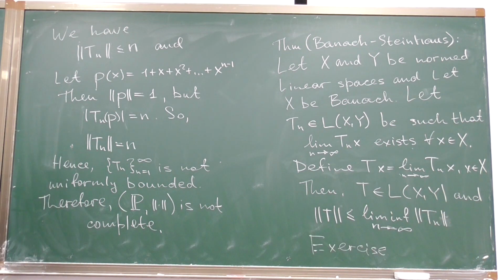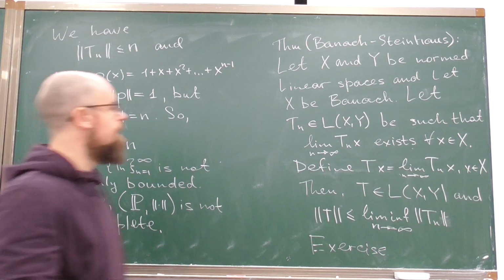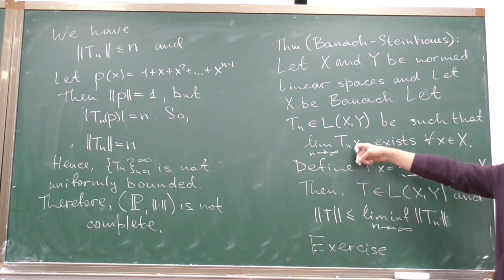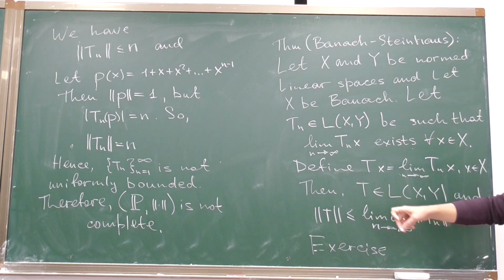To finish this lecture, I want to discuss this inequality in the assertion of the theorem. First of all, it is easy to see that there is a sequence of Tn such that in this last line we have equality. For instance, if we take all Tn to be T1, so we just take a single operator and consider a constant sequence, then the limit exists.